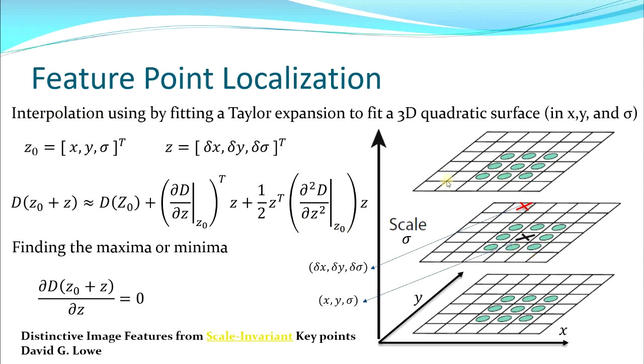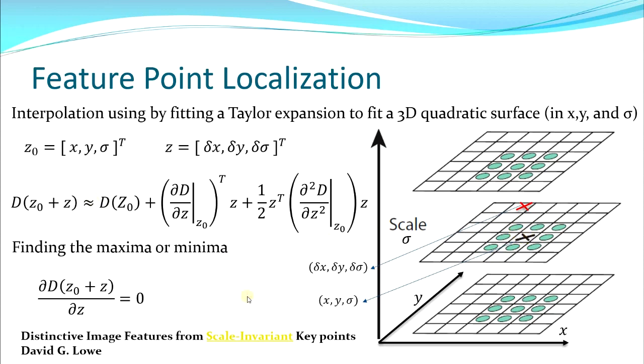We are going to interpolate the function using a Taylor expansion to fit a 3D quadratic surface. Now I am in 3D, I have x, y and scale, and I want to find which particular pixel has a maxima or minima, the extreme values. That is what I have to find out.